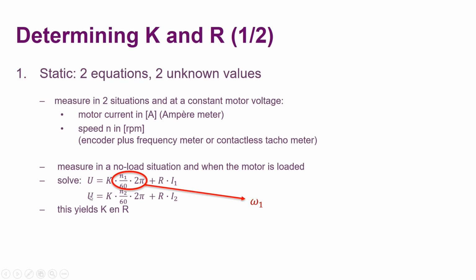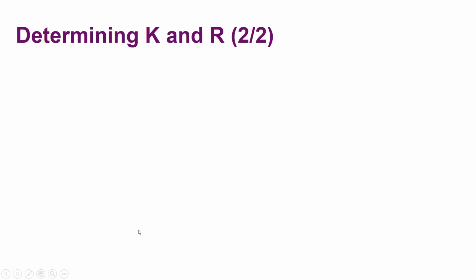We use again the motor voltage equation for the second measurement, in which this is omega 2, so it's N2 divided by 60 times 2π, and we have the current in the second situation over here. So we have two equations and two unknown values, the K and the R, so this yields the K and the R.